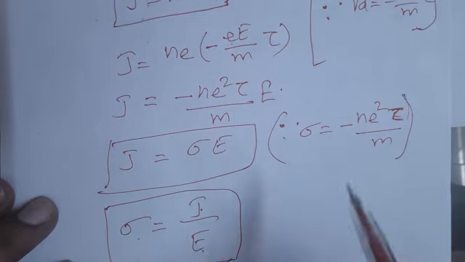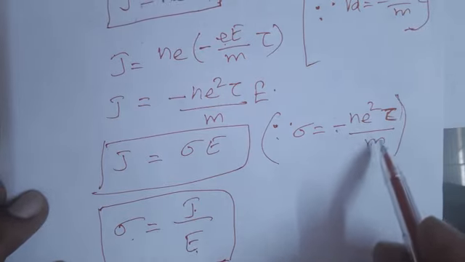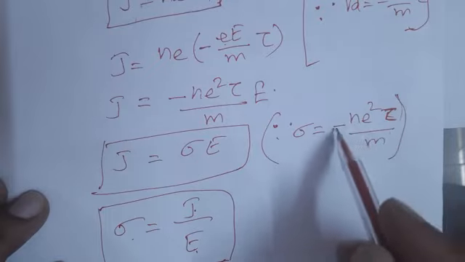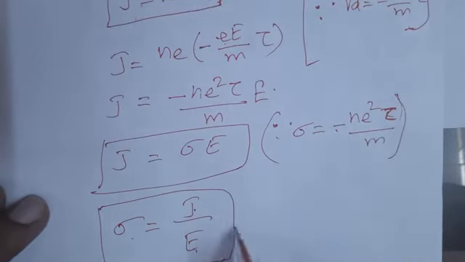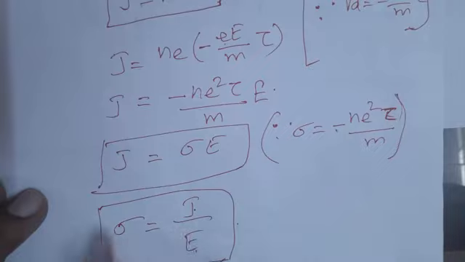If you take the modulus, you will get just n e square tau by m.